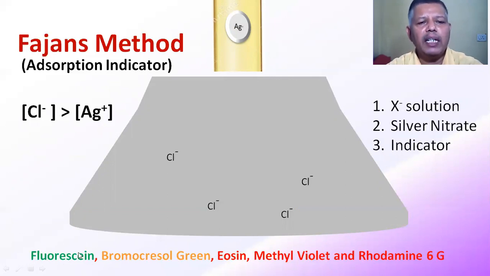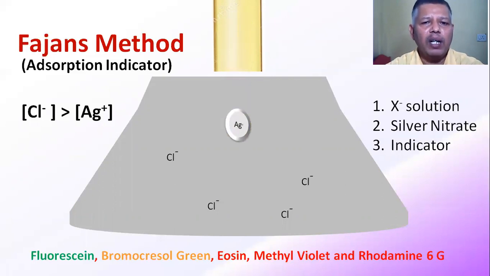The fluorescein indicator we can use in slightly basic medium, that is 6 to 8 pH. Bromocresol green is used in acidic medium, up to 5 pH, and eosin, methyl violet, and rhodamine are used in acidic medium, below 3 pH. In this titration, the halogen ions are present in the solution, and when they interact with the silver ion, a precipitate forms.